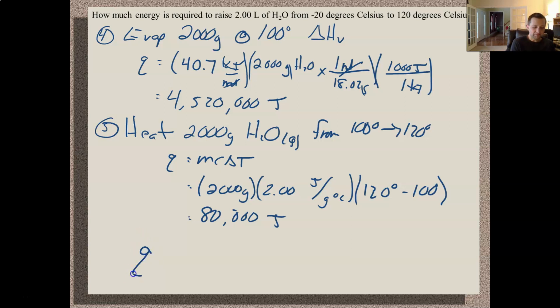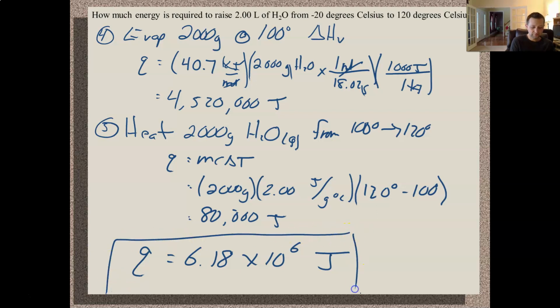So if you add them all up, your Q value is equal to, I'll put it in scientific notation for us, 6.18 times 10 to the 6th joules of energy. So quite the process here. Now I could have given you an example where it was like 2 steps. That maybe would have been a little bit nicer. But now we know how to do the longest type of problem that you'll have to do with this process.